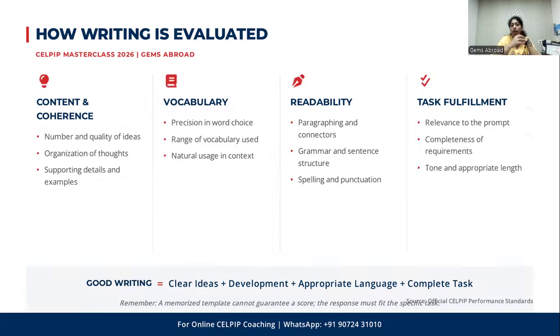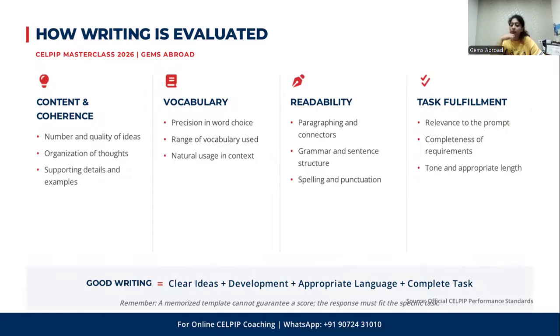Okay? How writing is evaluated. Very important question. What makes a good CELPIP writing response? Content and task fulfillment is the first one. Did you answer everything the prompt asked you to answer? Second is vocabulary. Are your words precise, varied, and appropriate?